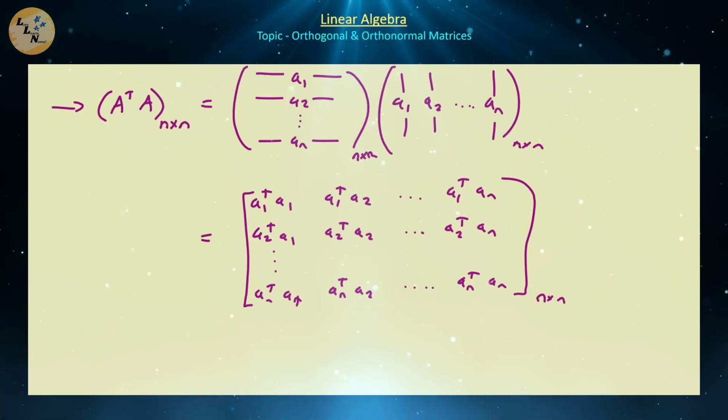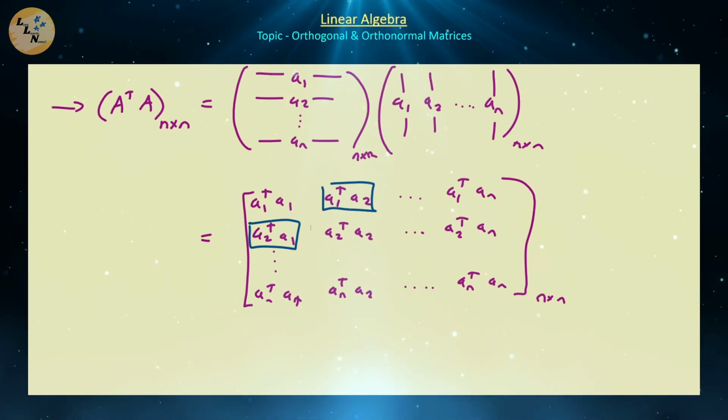So nice square matrix. One should be able to show that AI transpose AJ is always equal to AJ transpose AI. Nice little exercise there, at least under the assumption that these are orthogonal to each other.